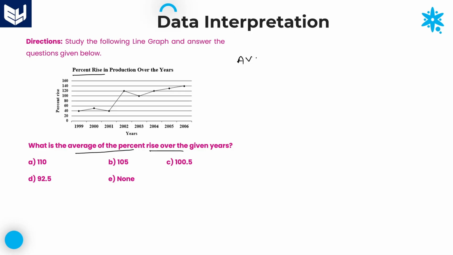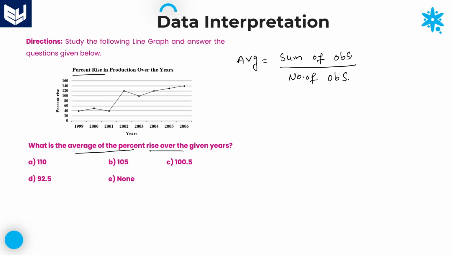As we all know, average is equal to sum of observations divided by number of observations.